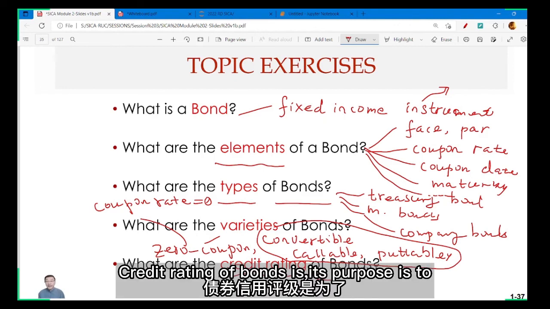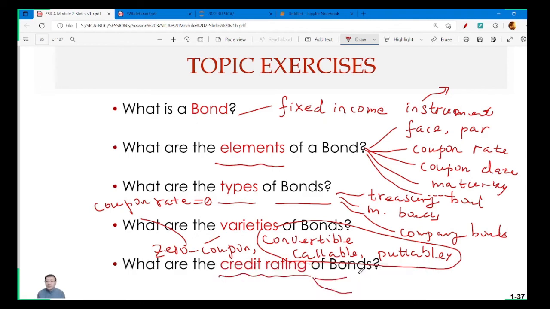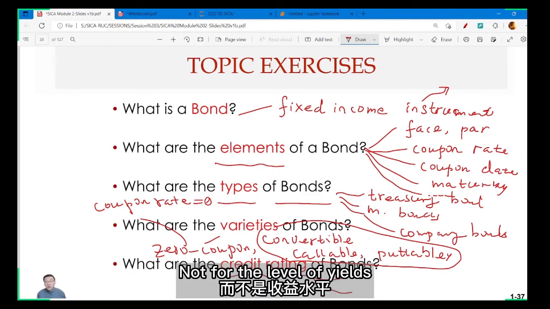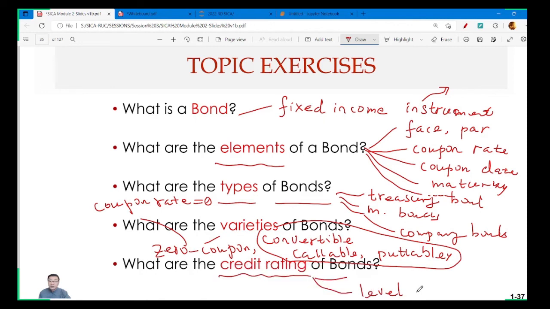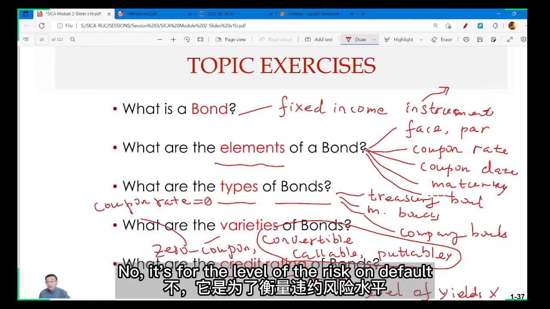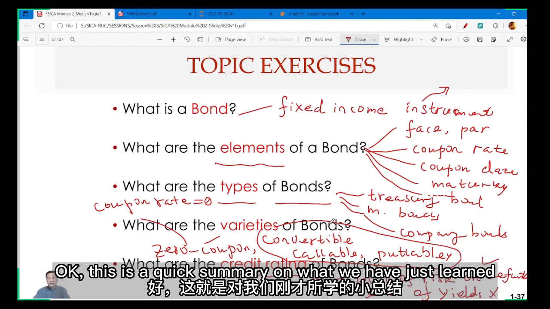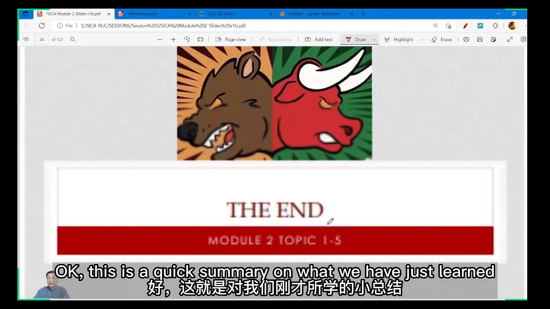Again, the purpose of credit rating of bonds is to evaluate the level of risk of default, not the level of yields. No, it's for the level of the risk of default. Okay, this is a quick summary of what we have just learned.